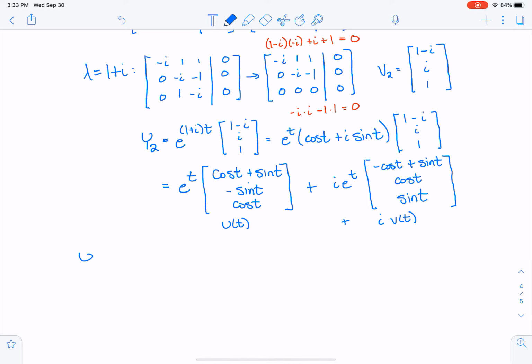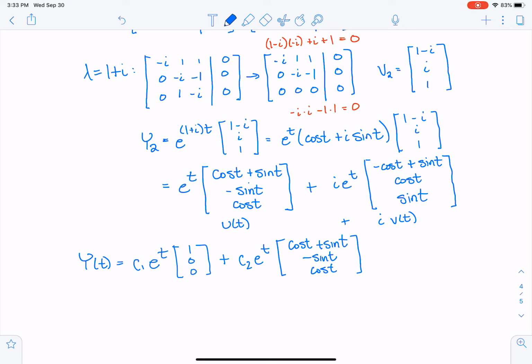So y of t in this case is actually going to equal e to the 1t times the eigenvector 1, 0, 0, plus, so that's going to get multiplied by a c1. And then c2 e to the t times u, so that's cosine t plus sine t, negative sine t, and cosine t.